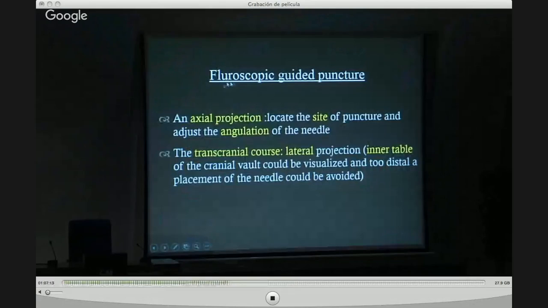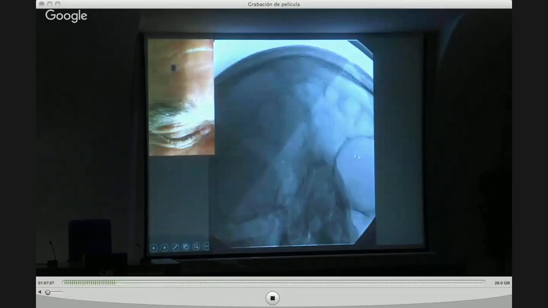We always do the same fluoroscopy-guided puncture in 2 projections. First, axial projection to localize the site and the angulation of the needle, and then the lateral view to check the inner table. So let me show you this case. This is the foramina, frontal, right frontal. This is the microcatheter in the deep occipital artery. You see here the foramina.